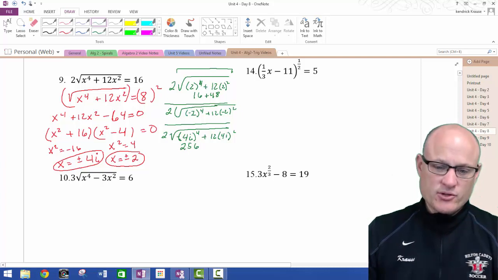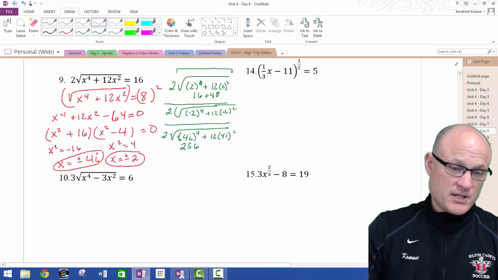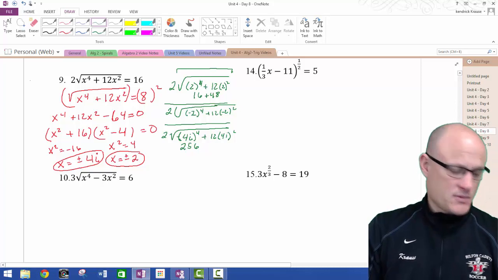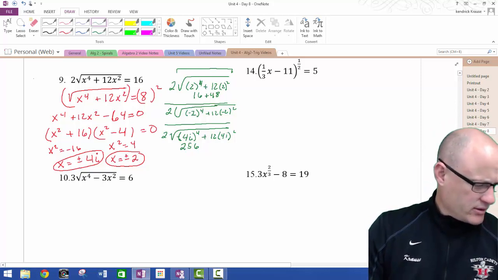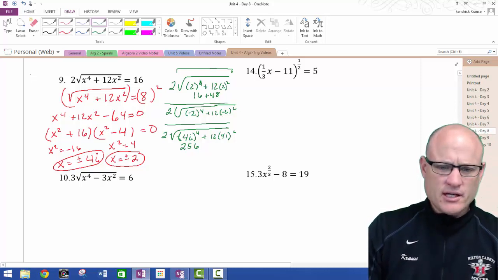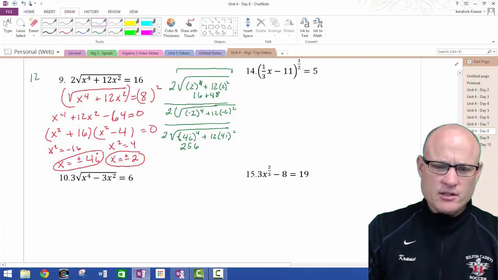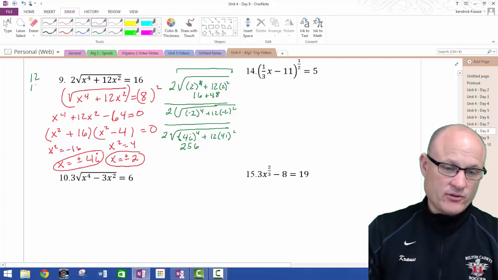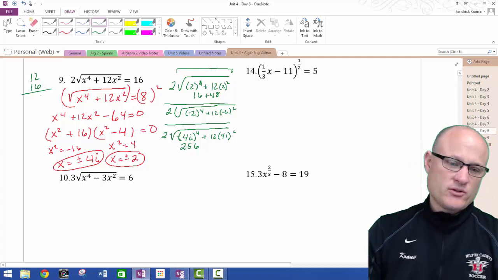And i squared is negative 1, so 16 times 12. I don't have my calculator up. I end up with 12 times, it turns out to be negative 16, but we'll do 16 just for fun. 12 times 12 is 144, so this is 168, right?